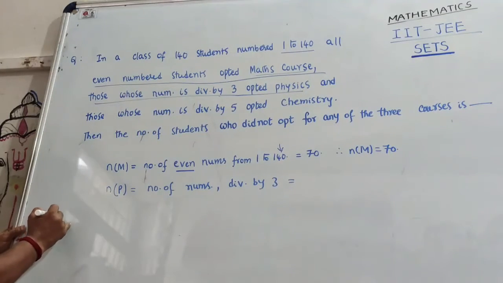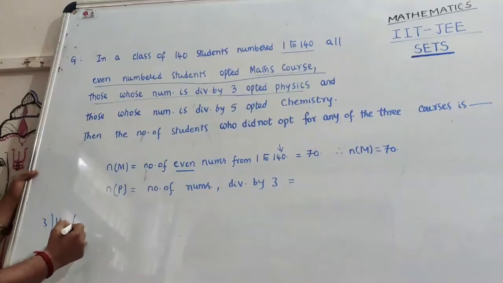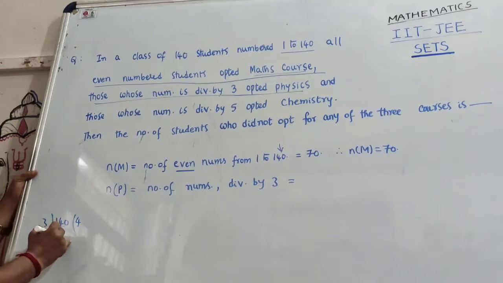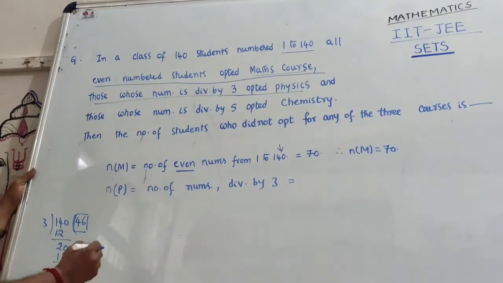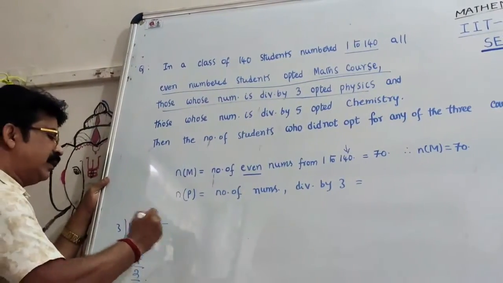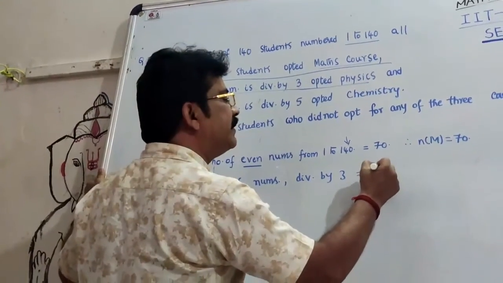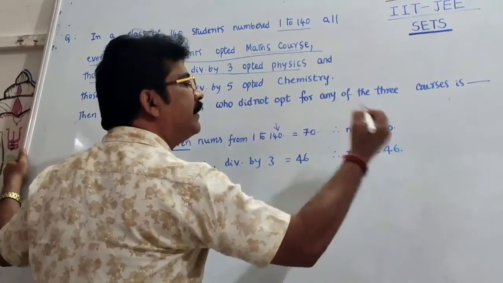Actually, 1 to 140 is there. 140 divided by 3: 3 times 46 is 138, remainder is 2. So the integer part is 46. Means there are 46 numbers from 1 to 140 which are divisible by 3, the quotient 46. So therefore, n of P is equal to 46.